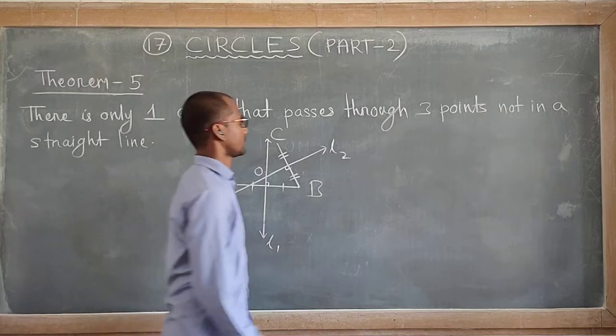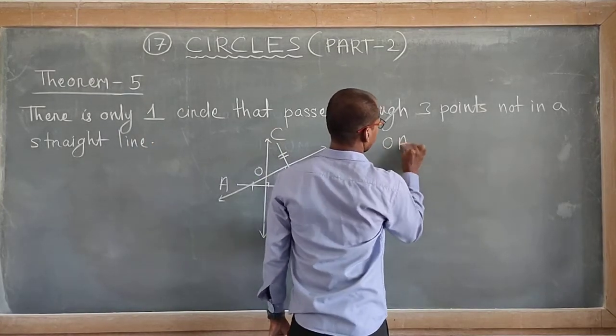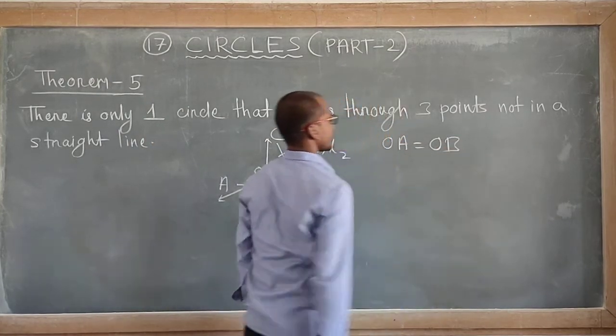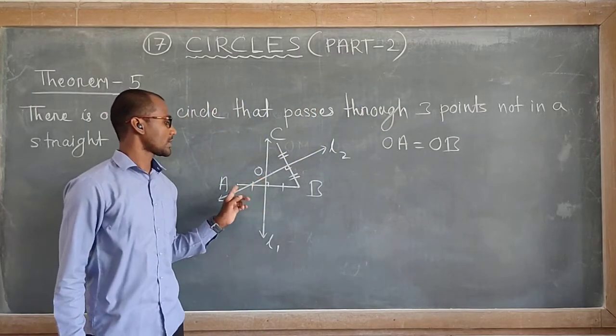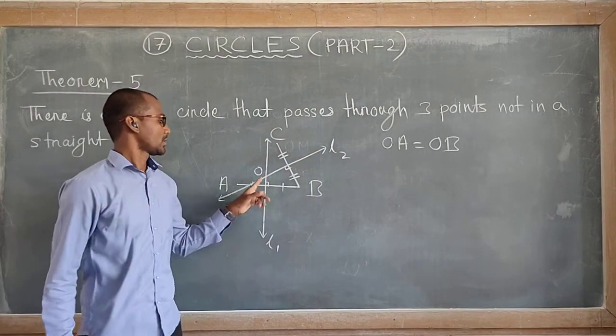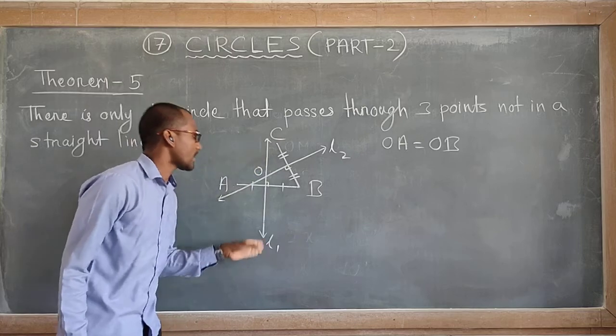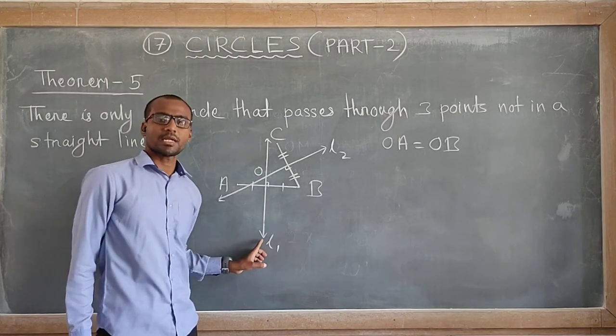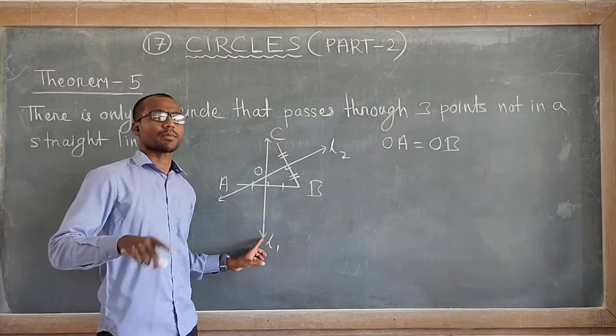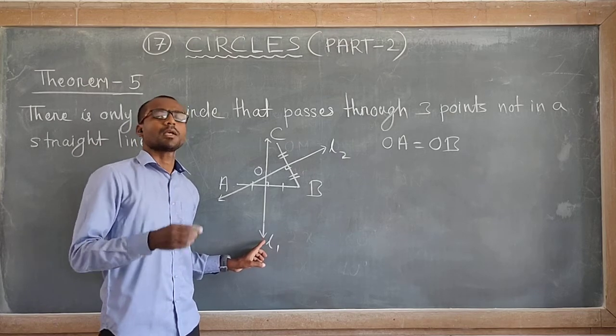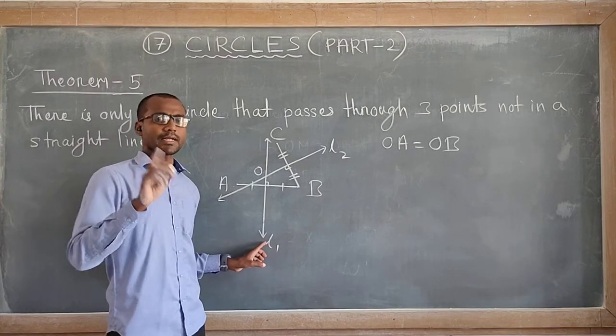How? Because I can say OA is equal to OB. How is OA equal to OB? Because the point O lies on the line L1, which is the perpendicular bisector of AB, and by the concept, every point on a perpendicular bisector is equidistant from the end points of the line segment.